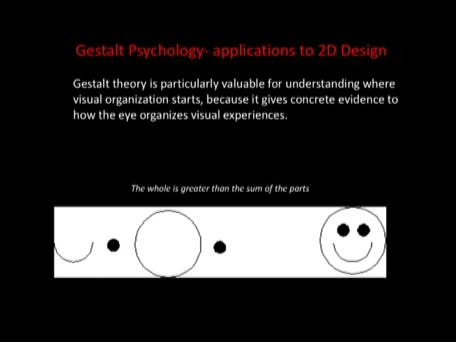Gestalt theory is really valuable for designers because it helps us understand where visual organization starts. It gives concrete evidence to how the eye organizes visual experiences. You could sum up Gestalt theory by saying that the whole is greater than the sum of the parts.